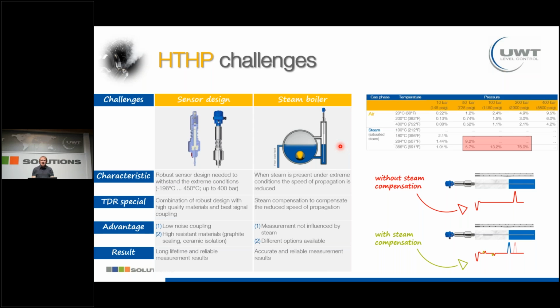So this was basically the overview of the TDR sensors we are offering, for solids, for liquids, and also for high temperature, high pressure applications. The different challenges, what happens, and why TDR sensors can be used for those challenges. I hope it could make it a little bit clear.